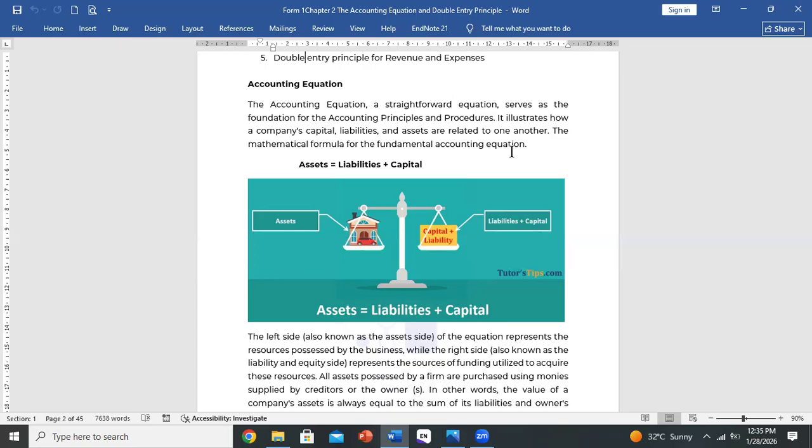So in your case, you went with cash, you gave the cash out, and you got what? Fufu. So the two effects are that you are losing cash and you are getting fufu. So the losing will be minus, the gaining will be plus. So you are gaining fufu, you are losing cash.